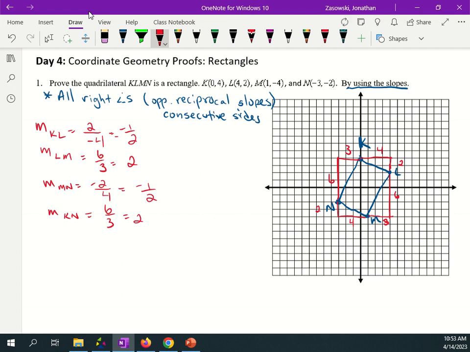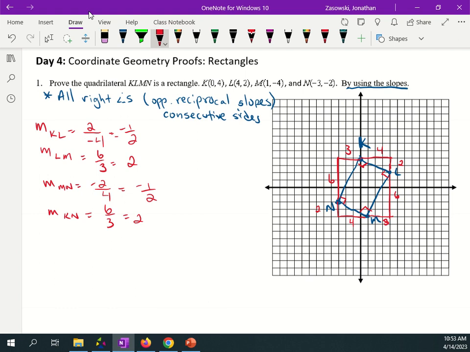Okay. Remember, I don't necessarily need to get parallelogram if I show that these angles are all 90 degrees, okay? I can skip the parallelogram step and go right to rectangle. Now, what I want to do is state two things.